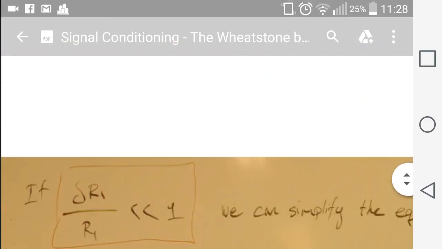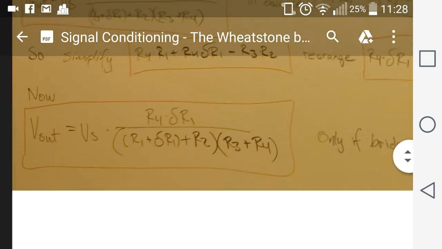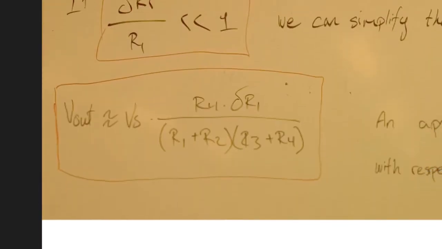Looking back, you can see here where you have the change of the resistance in the denominator, and below you have removed this change so that you have simplified the equation a little bit.